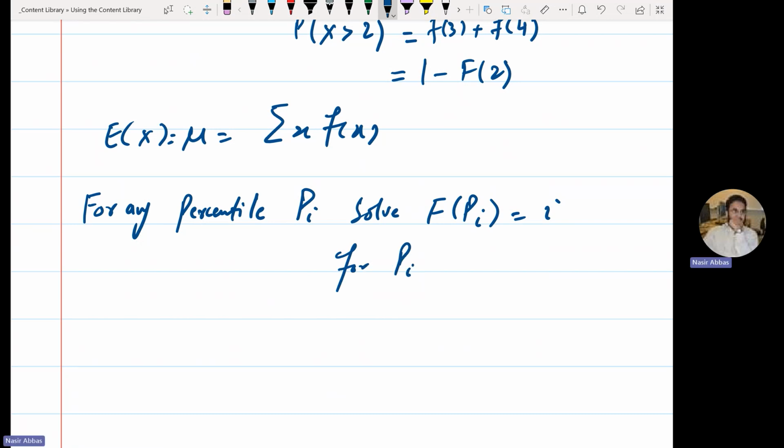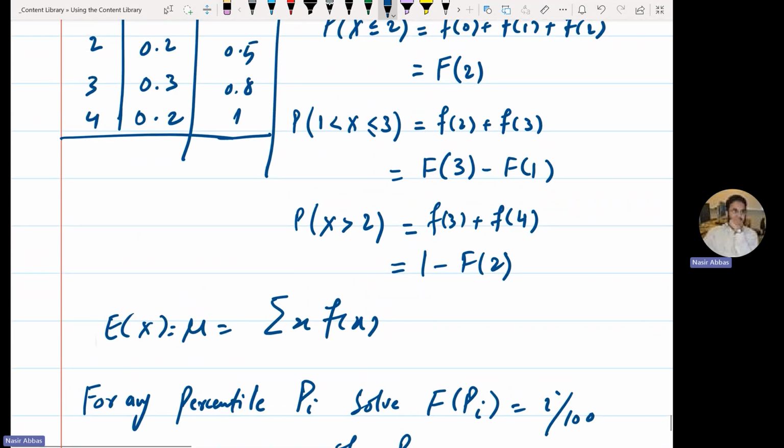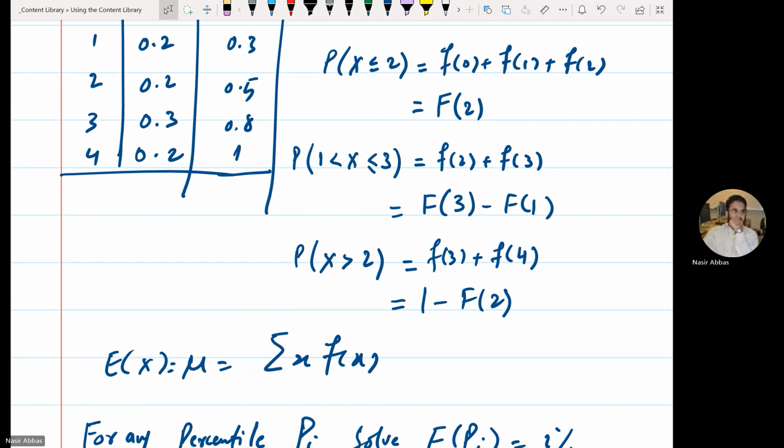For example, you are interested in P75. So F of P75 equals 75 over 100, 0.75. Solve this equation for P75. So any percentile cannot be found through small f. Mean, variance, standard deviation cannot be found through capital F. Probabilities can be found through both.